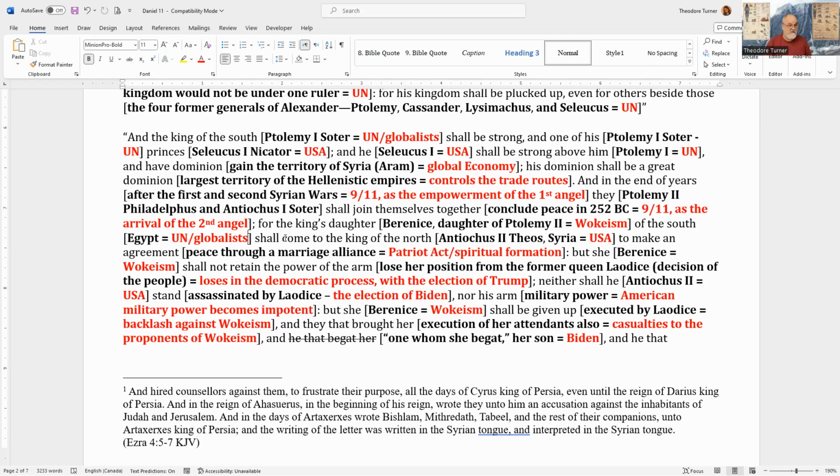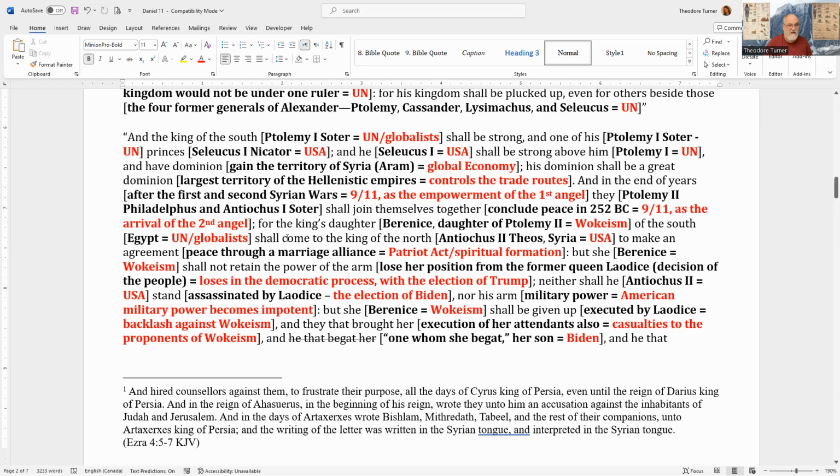Now we're going to see in this next part, it says, wokeism shall be given up, executed by the will of the people. This is the backlash against wokeism, right? And they that brought her, the execution of her attendants, casualties to the proponents of wokeism, and one whom she begat, her son Biden.